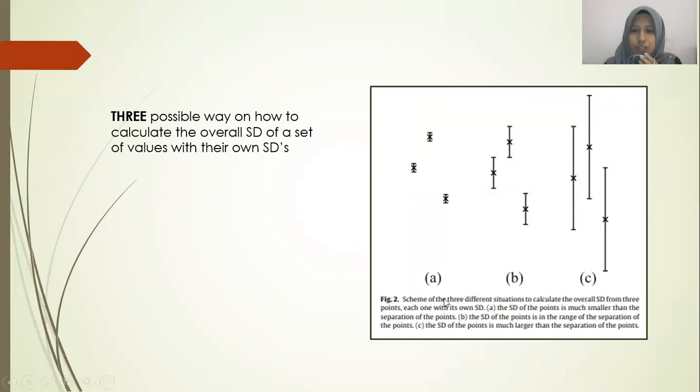So for A, the standard deviation of the points is much smaller than the dispersion of the points, which we already saw. So the SD bars are small when compared with the dispersion of points.